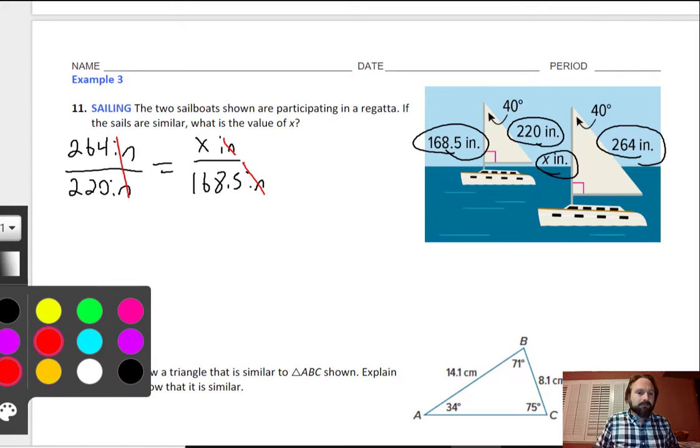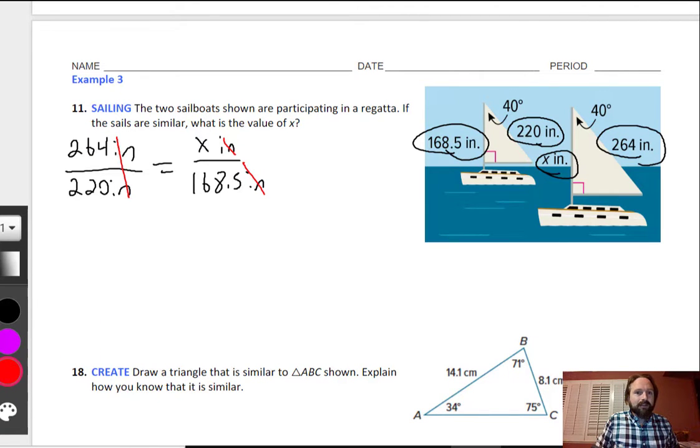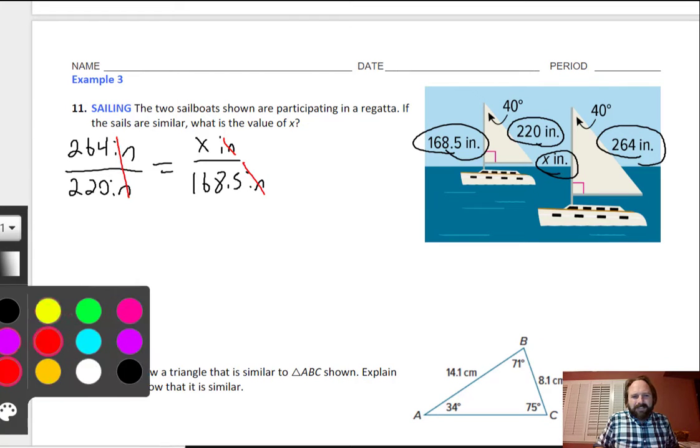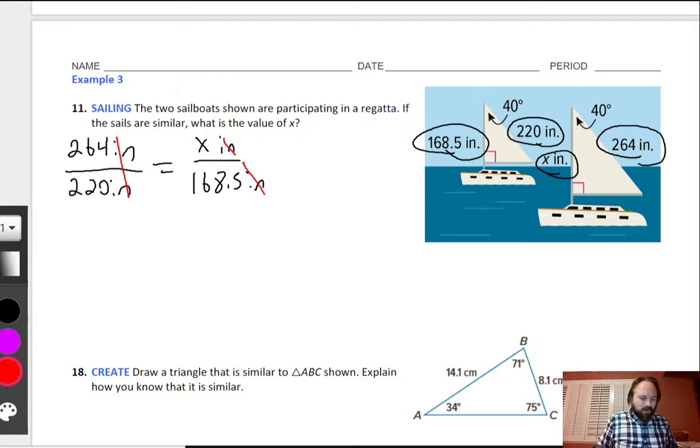Now I just have to do the math. If I divide 264 by 4, I could simplify it. So I'm going to divide by 4 on top and divide by 4 on the bottom. 264 divided by 4 is 66. And 220 divided by 4, let me use the calculator.